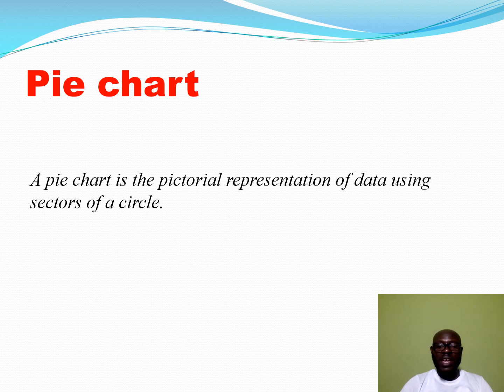That becomes a pie chart. When we say pictorial representation of data or information, we are talking about data being represented in a picture form. We are using pictures to come out with the representation of data using sectors of a circle.